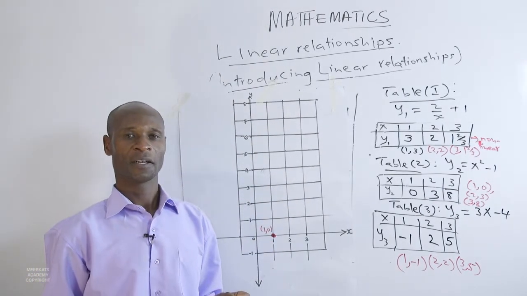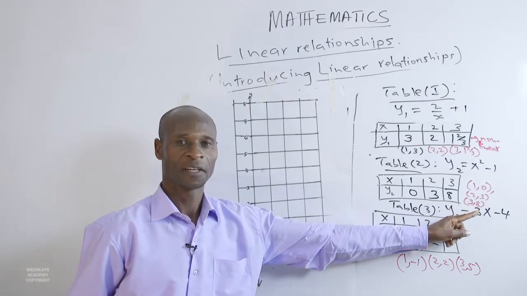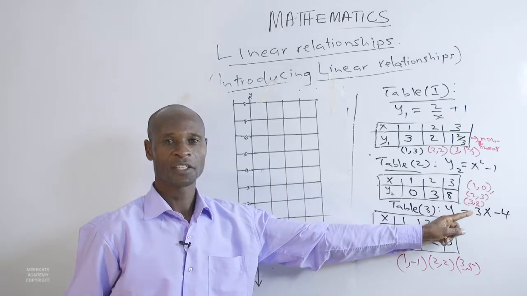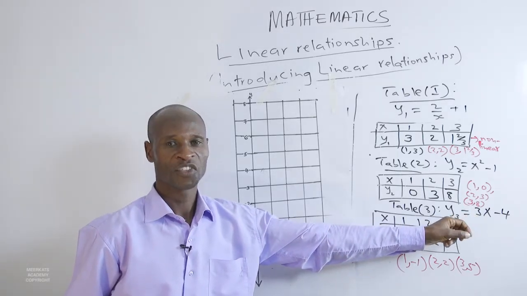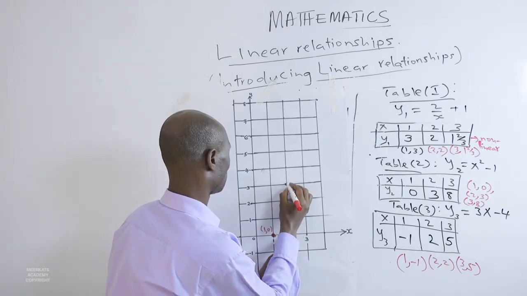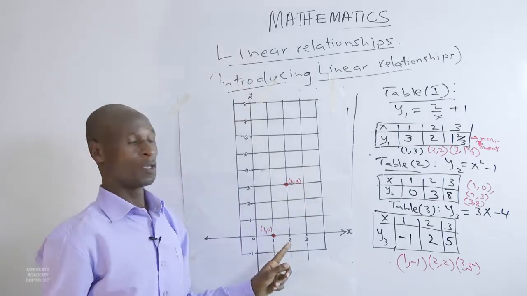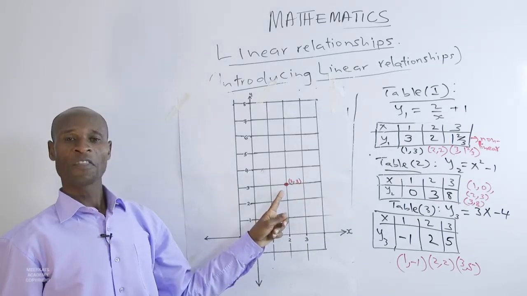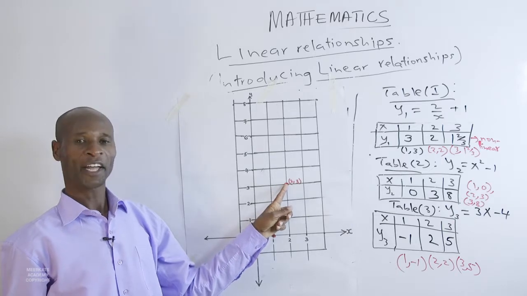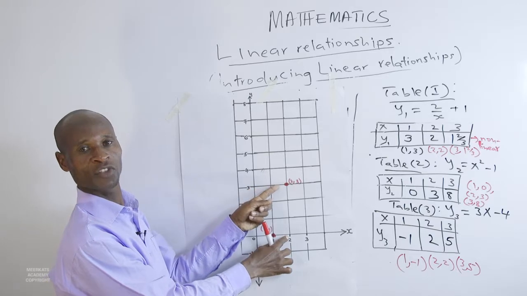We proceed and plot the second point, which is 2, 3. That means the x-coordinate is 2 while the y-coordinate is 3. You can confirm that the point has been plotted correctly. That is, x is 2 and the corresponding y value is 3.